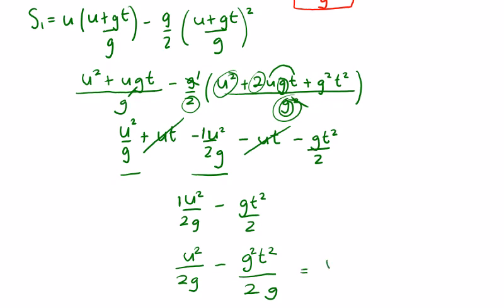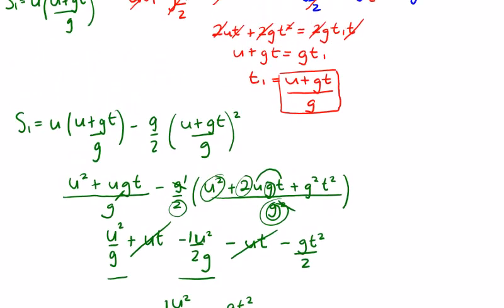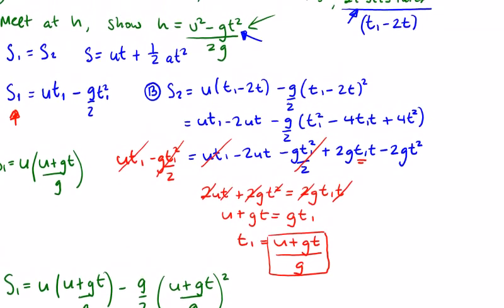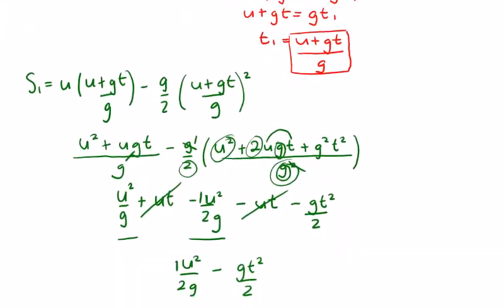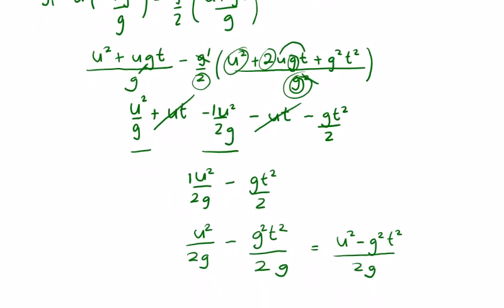So that's going to give me u squared minus g squared t squared over 2g, and hopefully this is what they were looking for. Actually, no, I wrote the question down wrong technically. It is g squared t squared over 2g. So that's a long simplification to get to the answer.